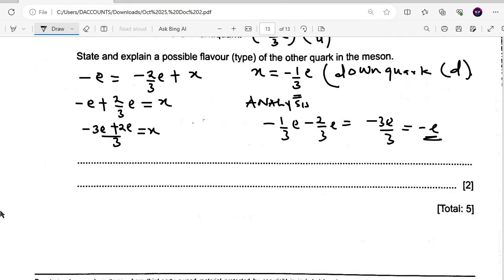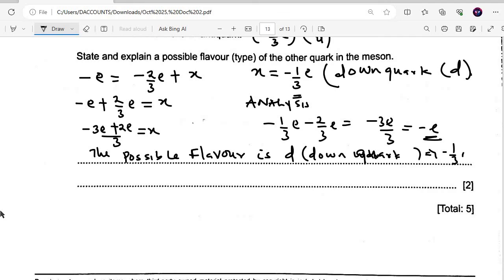So, state and explain the possible flavor of the other quark in the meson. The possible flavor is d, the down quark, which is minus 1/3 electron charge.